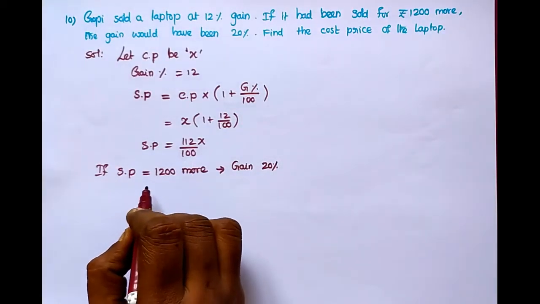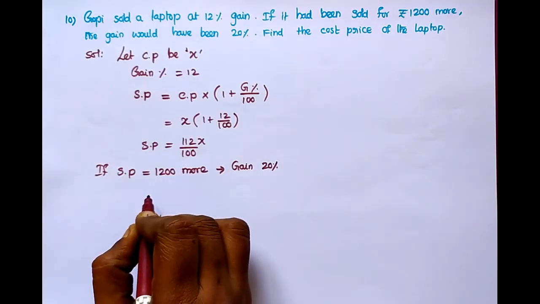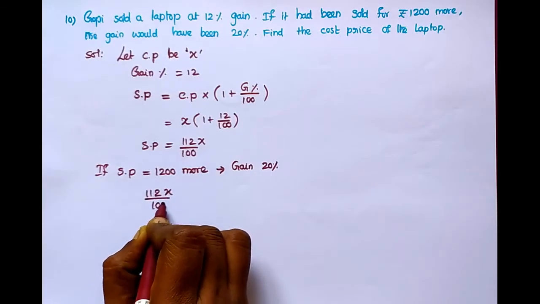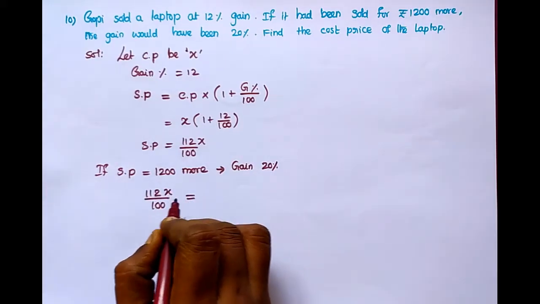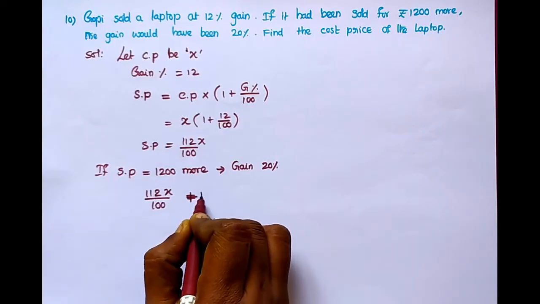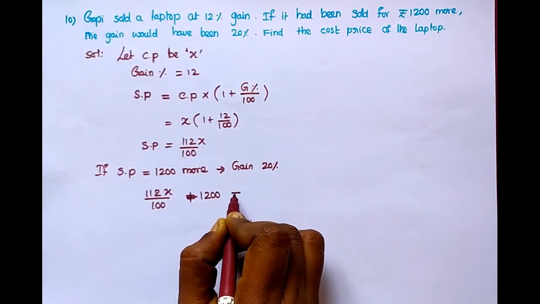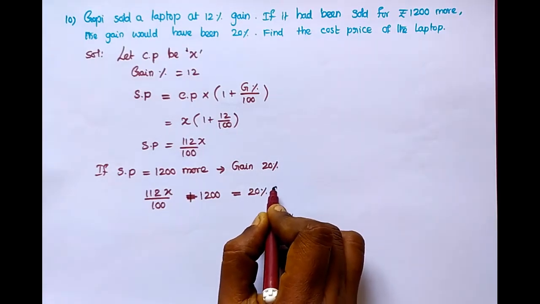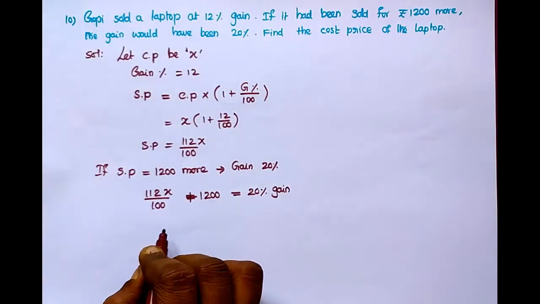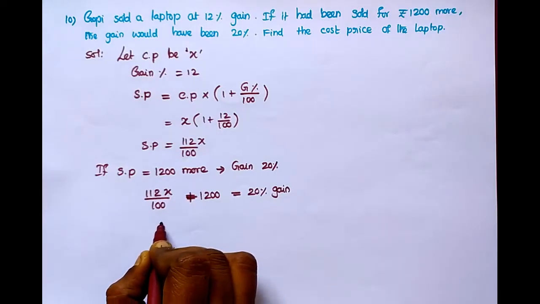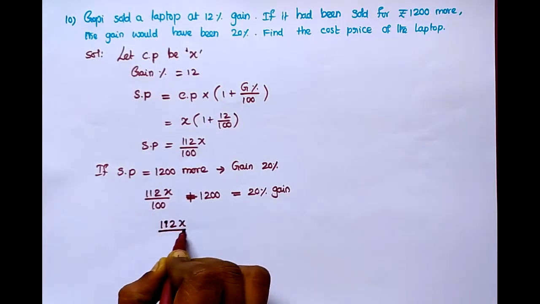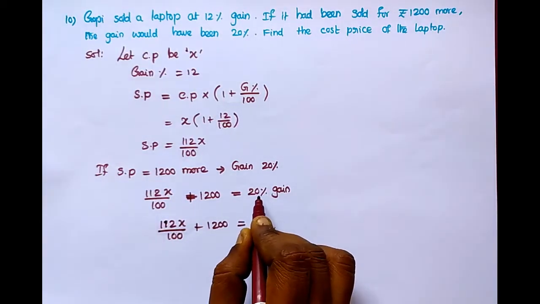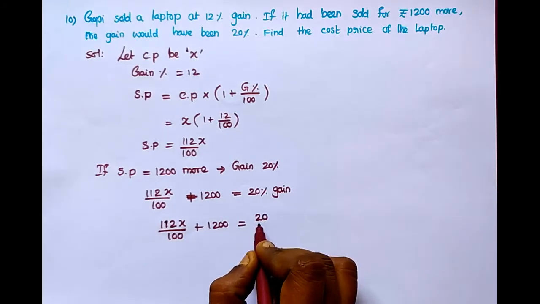So already how much is the selling price? 112x by 100 plus 1200 gives how much? 20% gain. So listen, 112x divided by 100 plus 1200 equals the 20% case.